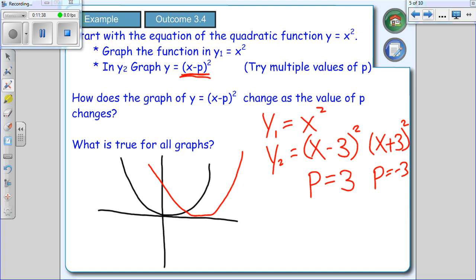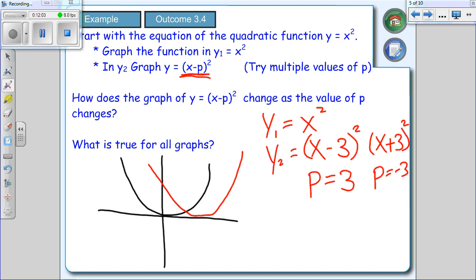Okay, so our formula is what matters so much. If you look at our formula right here, it's x minus p. So if we look at x minus 3 squared, and I ask you what's the p-value, the p-value is just 3 because the minus came from the formula. The minus didn't come from the p-value.